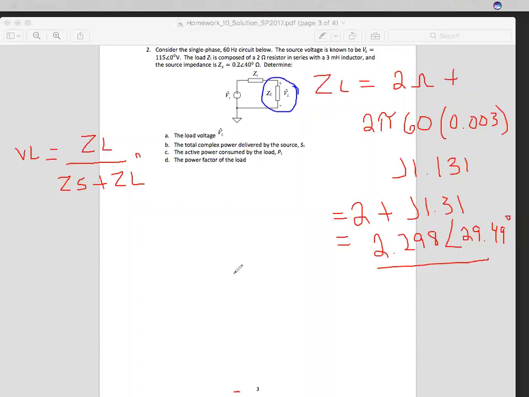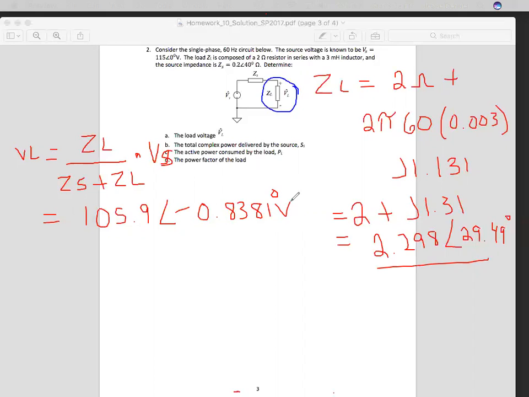That gives us 105.9 angle negative 0.8381 degrees volts.